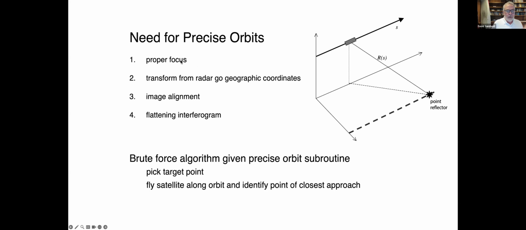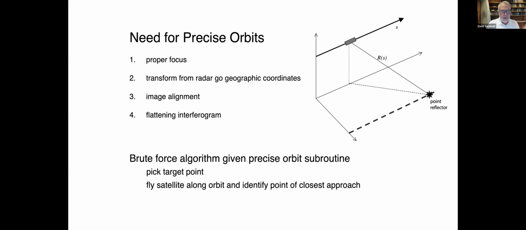That's really important. Also, we'll want to take our data that are in radar coordinates and transform into geographic coordinates, and that involves the orbit and the topography of the Earth. To align the images, the reference and repeat images have to be aligned very accurately to a fraction of a pixel, and Eric will talk about this.